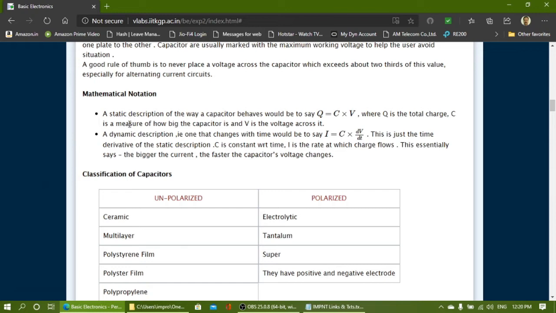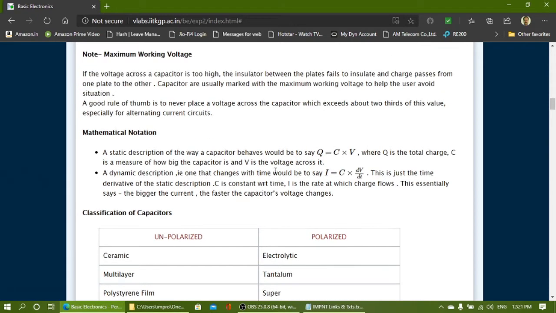But when a capacitor is used in AC application, we need the derivative. A dynamic description, that is one that changes with time, would be I equals C times dV/dt.